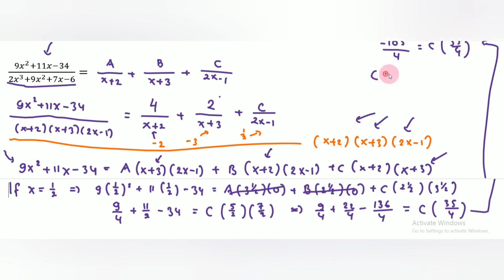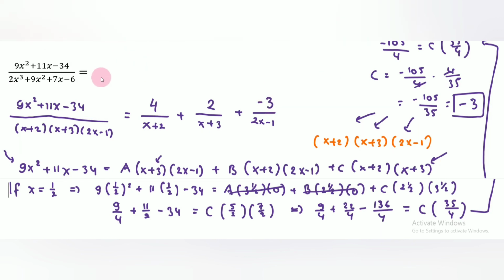Therefore, c equals negative 105 over 4 multiplied by 4 over 35. So it can be cancelled. In the end, it is negative 105 divided by 35, which is negative 3. So our last piece of the puzzle, C, is negative 3.